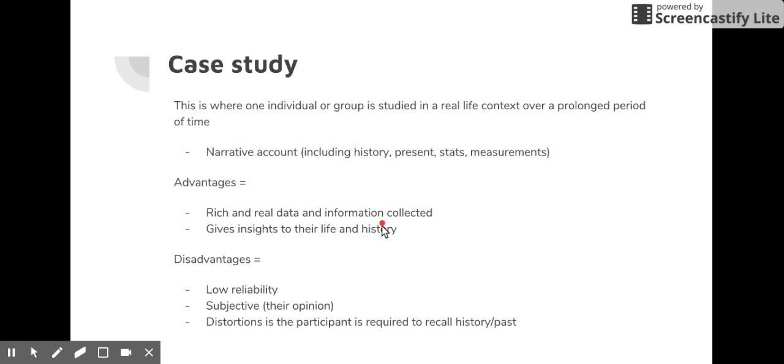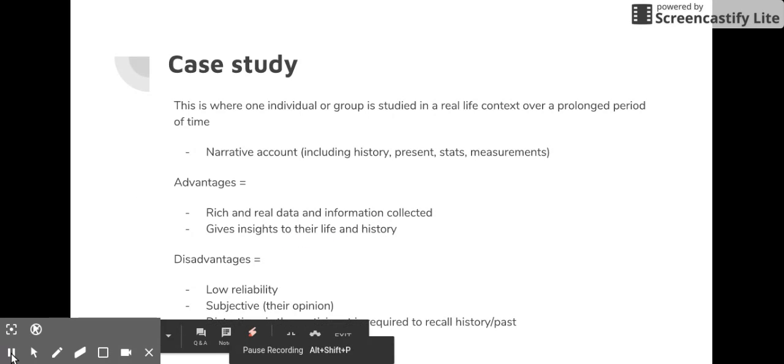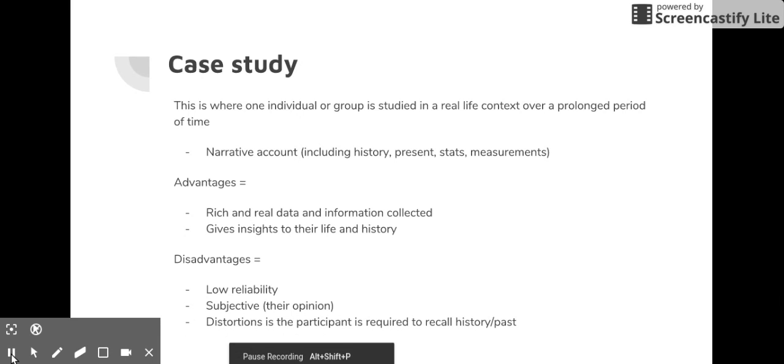So there's many research designs. The first one is a case study. This is where one individual or group is studied in a real life context over a prolonged period of time. So this could be a narrative account, including history, present day life, stats, measurements, that kind of thing.